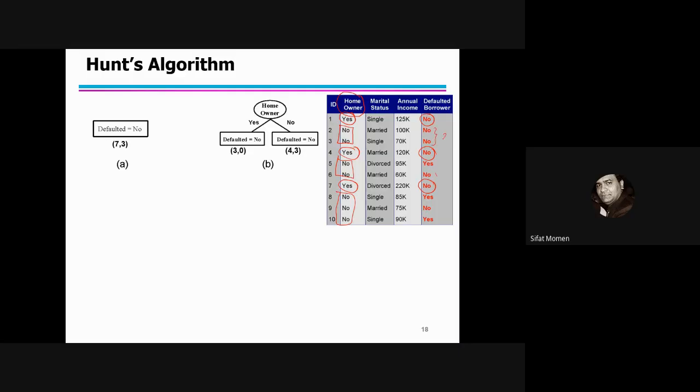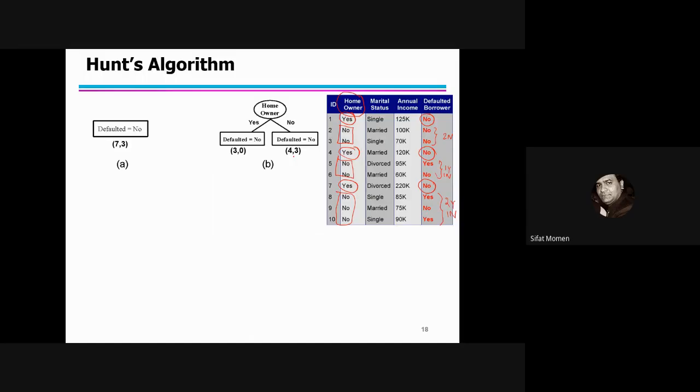There are 2 no's here. And here we have 1 yes and 1 no. And over here we have 2 yeses and 1 no. So how many yeses and how many no's? 2 no's, 3 no's, 4 no's, 4 no's, and how many yeses? 3 yes. So if the homeowner is no, then we have 4 no's and 3 yeses.